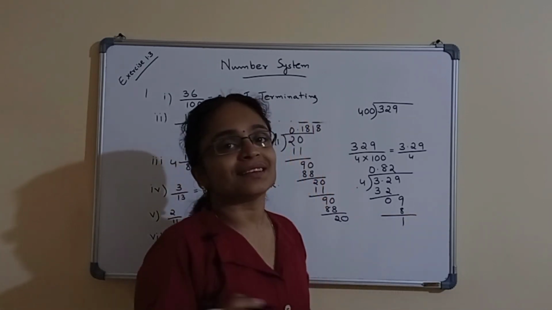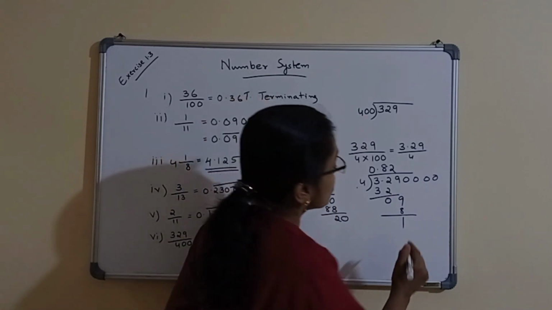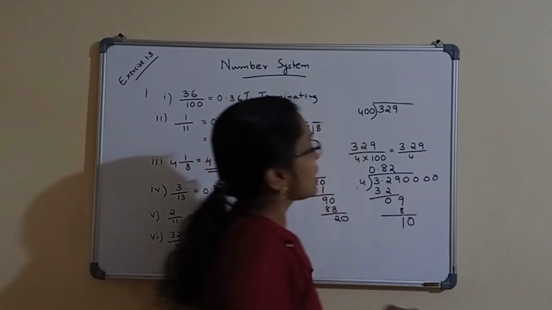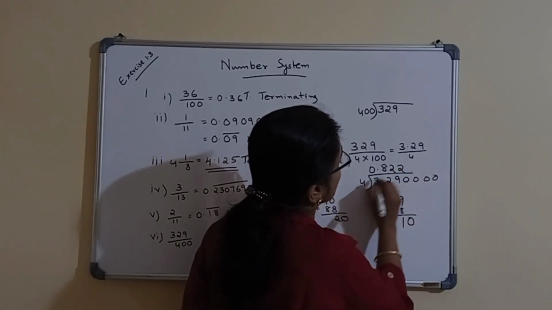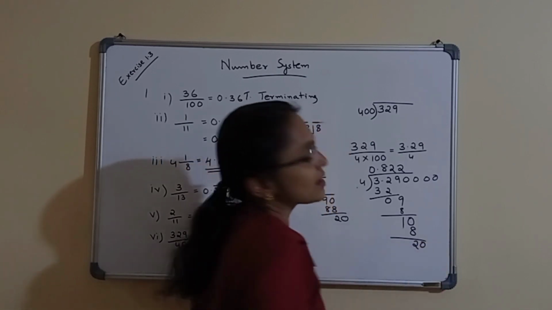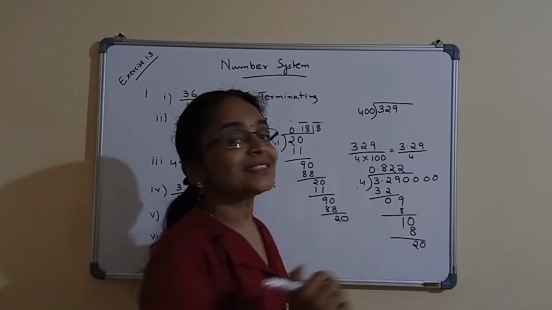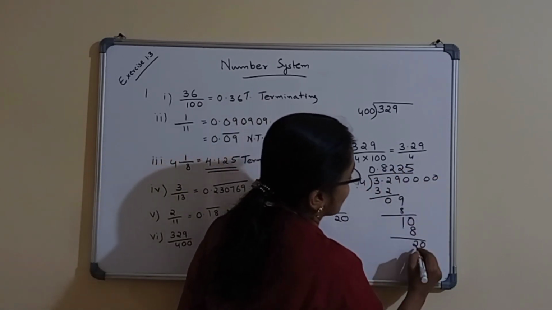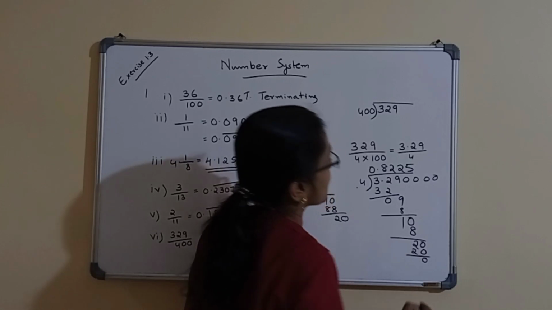So 1 remainder. And we can write this as 0, 0, 0, 0, etc. So bring this 0 down. And 4 will go in 10 2 times, and 4 2s are 8. Then 2 remainder. Now bring this 0 down. Now 20 by 4 is 5. Then 5 into 4 is 20. Then 0 remainder.